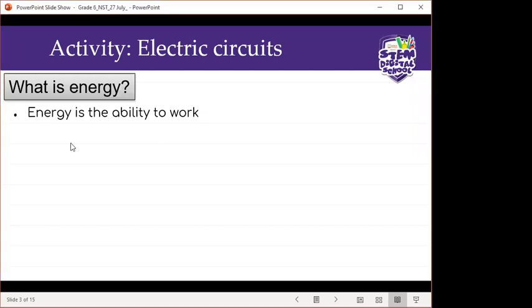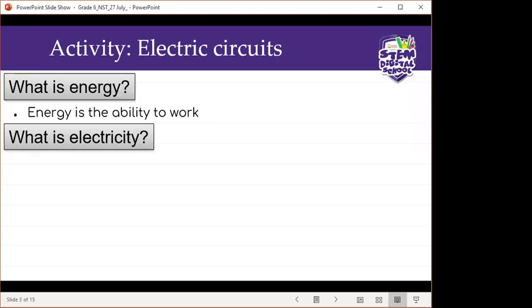Next question. What is electricity? What is electricity? Yes, Kia? Thank you, ma'am. Electricity is a current that is used to make appliances that need electric currents to work.